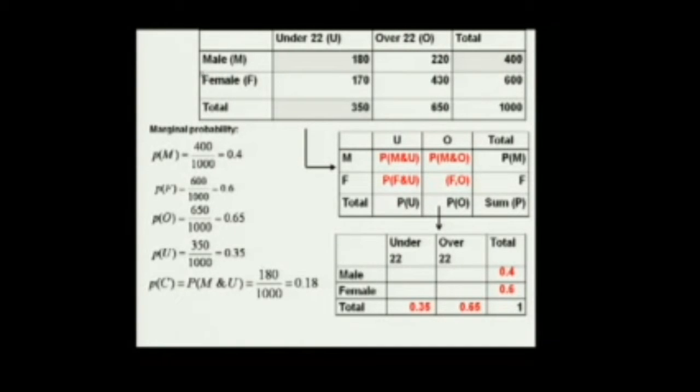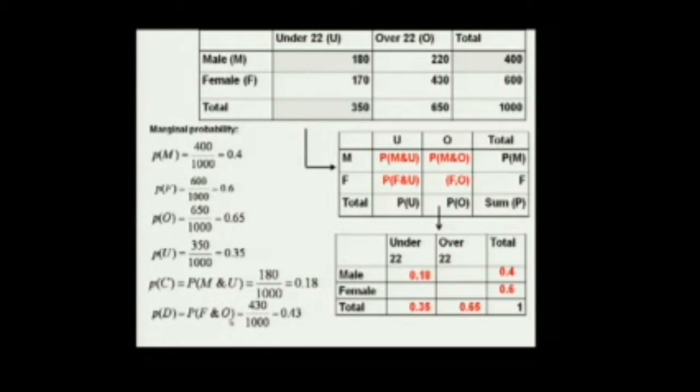Now, male is here, under is here, so male and under will be the 180. This is the number of people that are male and under 22. If I divide this by the total 1,000, that will give us the probability of male and under. That's a coexistence of events. So the 0.18 has to be put where? In this cell here, the male and the under.